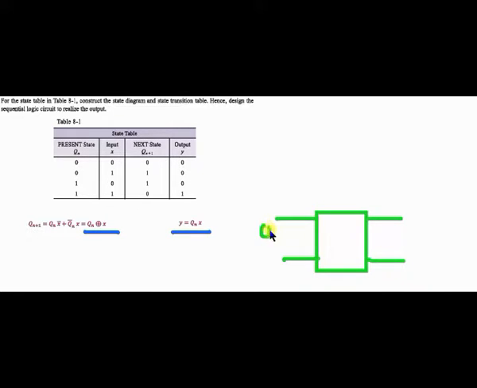Qn plus 1, Q bar, this is D, this is Qn. We can clearly see two gates here: this is the OR gate and this is the XOR gate.